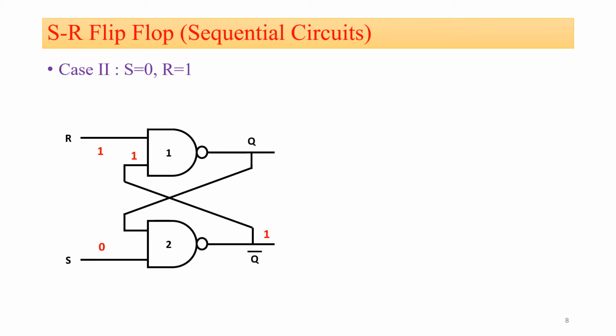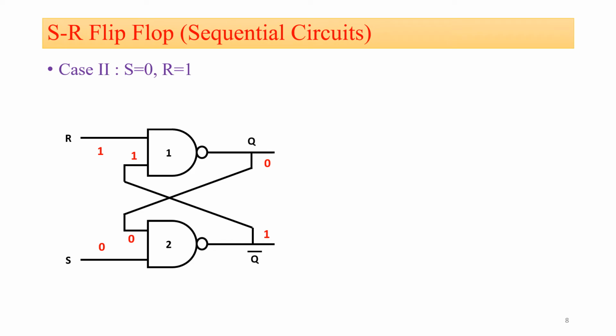As Q bar equals 1, the second input to your first NAND gate will be equal to 1, meaning both the inputs to your NAND gate 1 are 1, that's why your Q will be equal to 0. Because as per the truth table of our NAND gate, if both the inputs are 1, then the output equals 0. Similarly, the second input to your second NAND gate is 0.